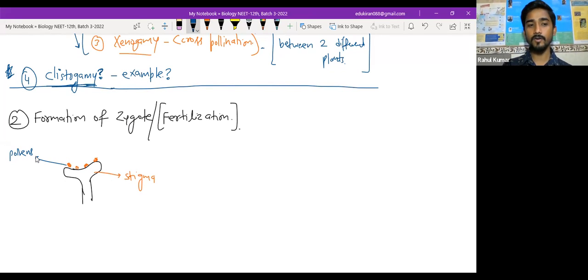So first, write down in the formation of zygote part, write down the first point.